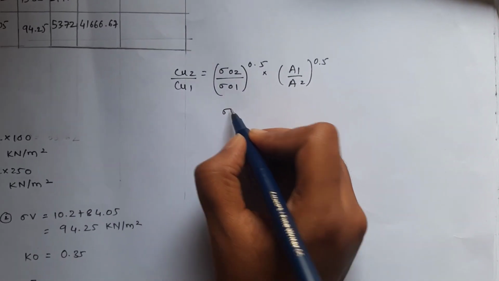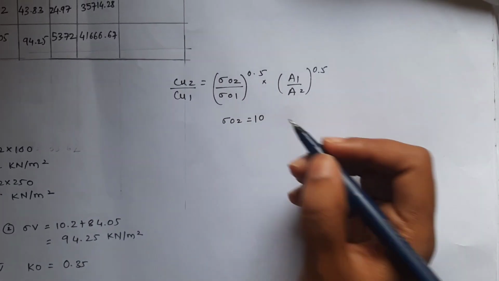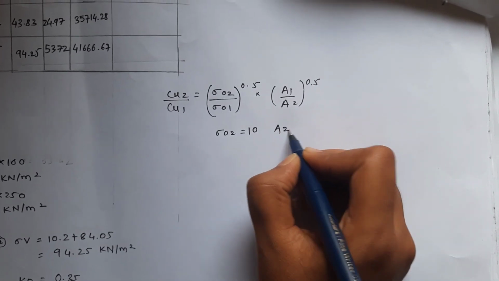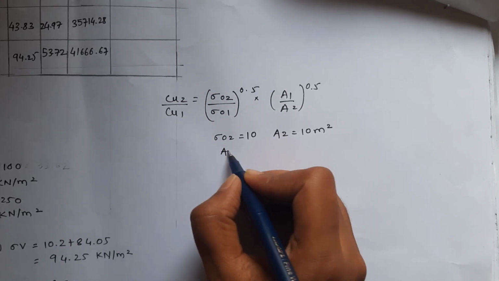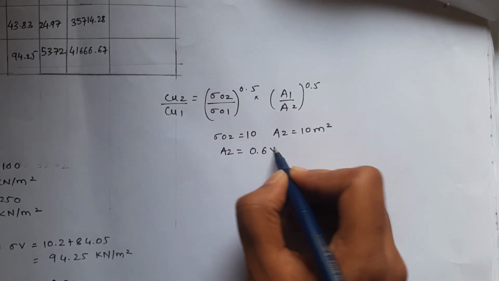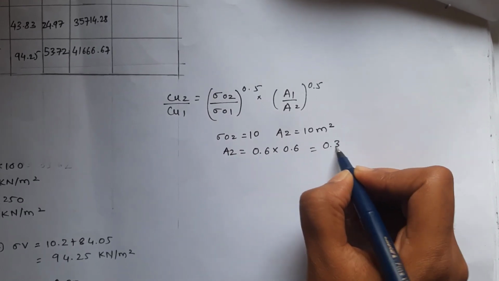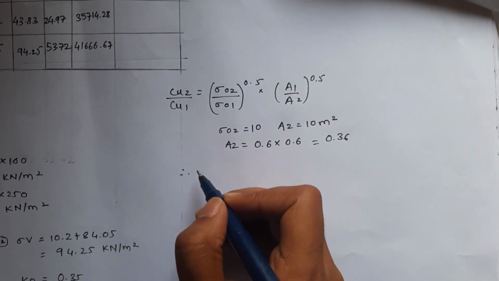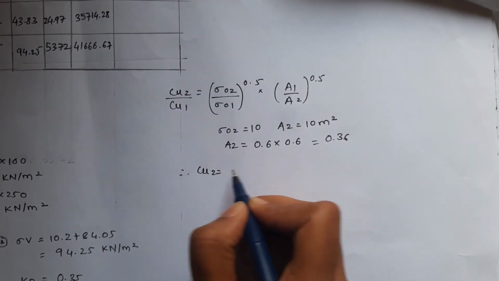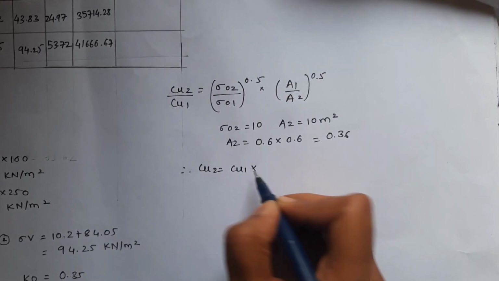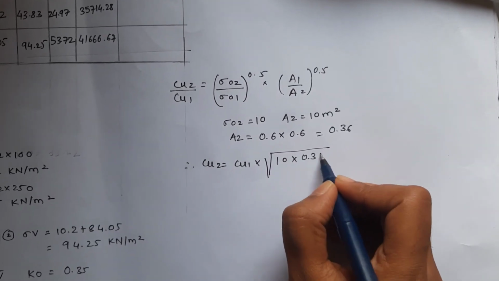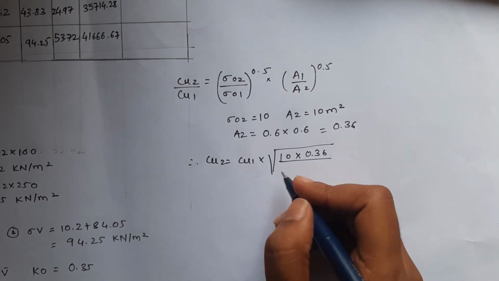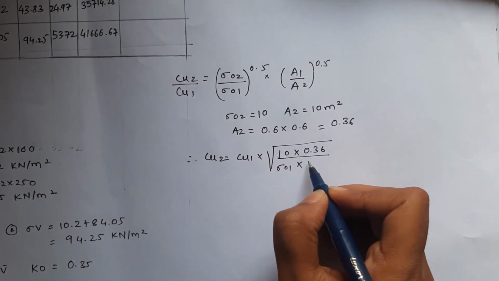Here we take sigma naught 2 as 10 and the area of foundation we take as 10 meter square. The area of plate we found as 0.6 into 0.6, which is equals to 0.36. So therefore we obtain Cu2 as Cu1 into under root of 10 into 0.36 upon sigma naught 1 into 10.